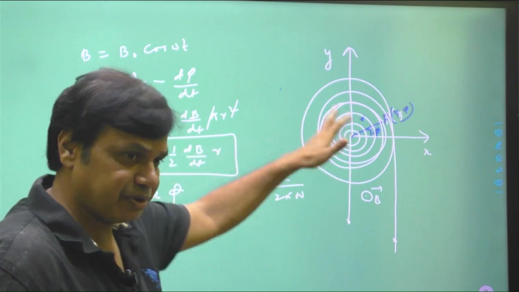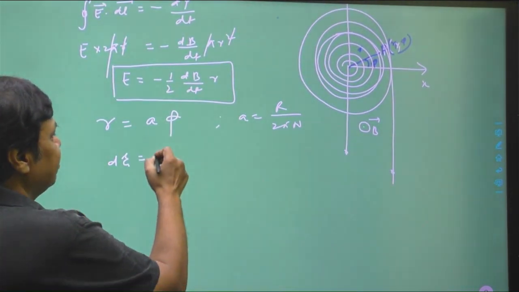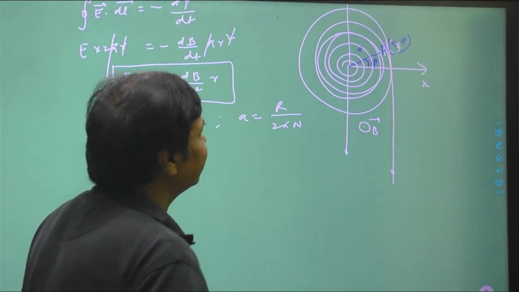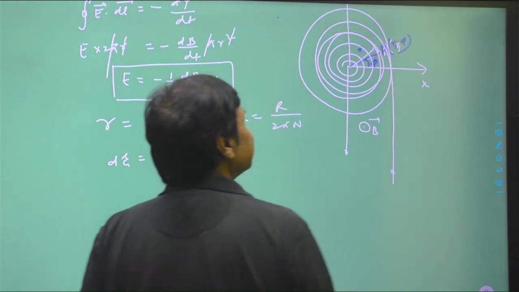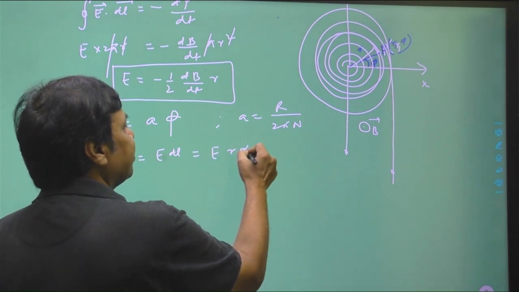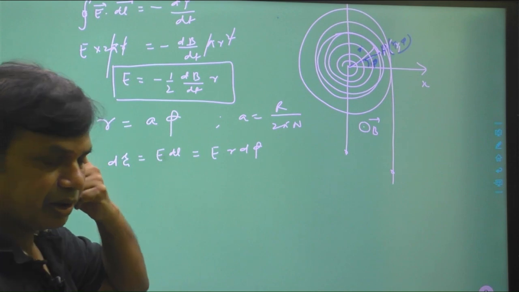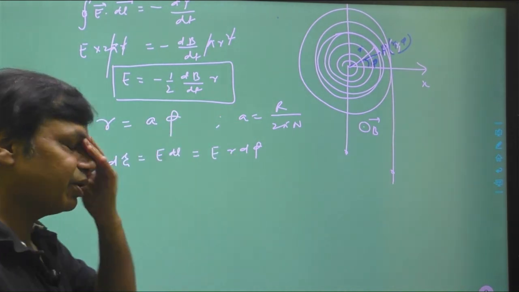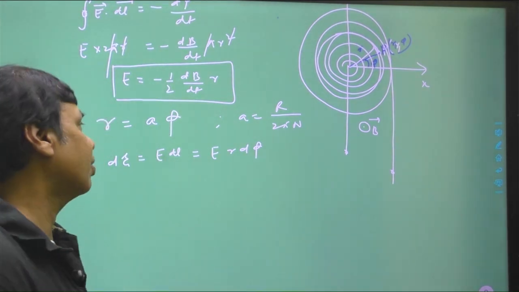So E dot dl will be simply E dl in this case. And if I think of a dl like this, I can write it as E r d phi, because dl in terms of r and phi is r d phi. I'm using polar coordinates because I have the equation of a spiral in the polar coordinate system.